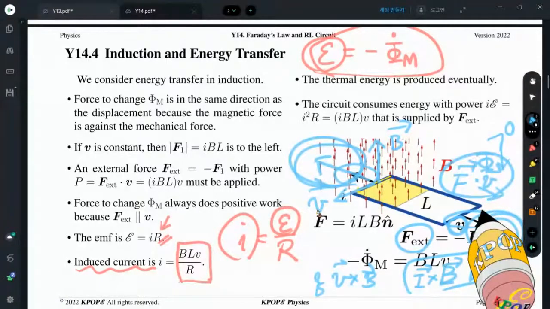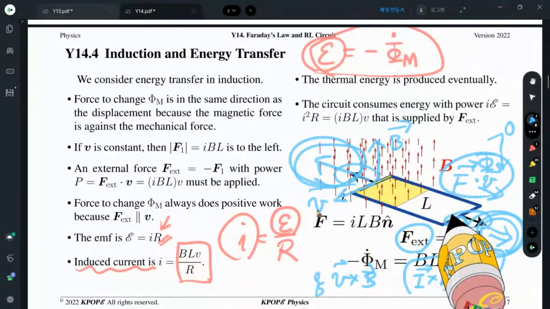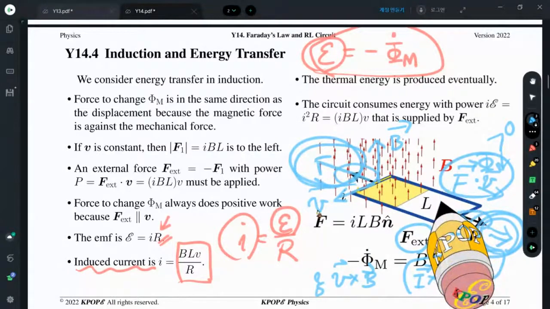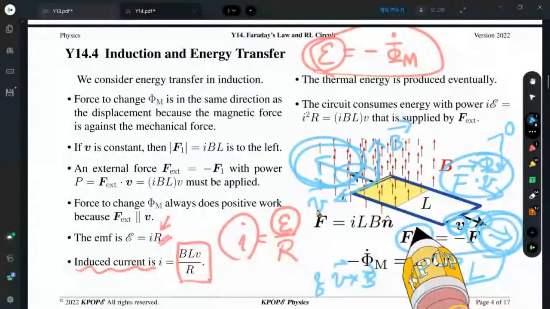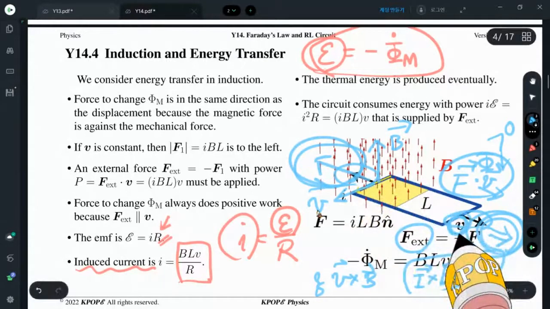According to the work-kinetic energy theorem, if you have done some work on a system, the kinetic energy must increase. However, kinetic energy is constant because the velocity is constant. What's wrong?